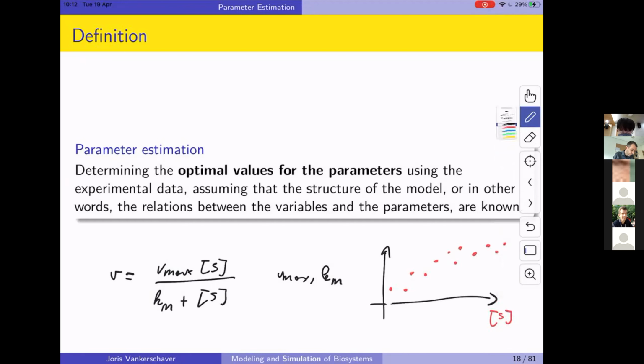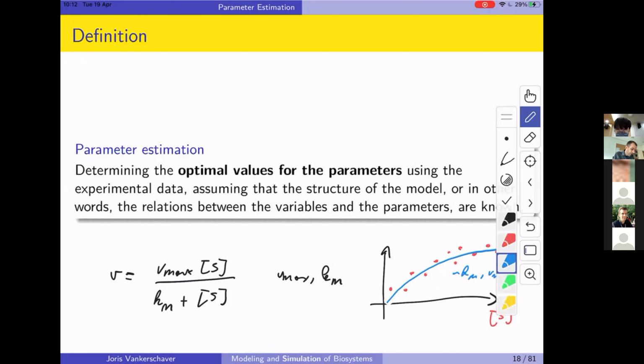So now what we'll try to do is find the best fitting curve that best matches those data points. And in doing so, we'll get an expression based on the data for the parameters of our model. So we'll use that to find Km and Vmax.